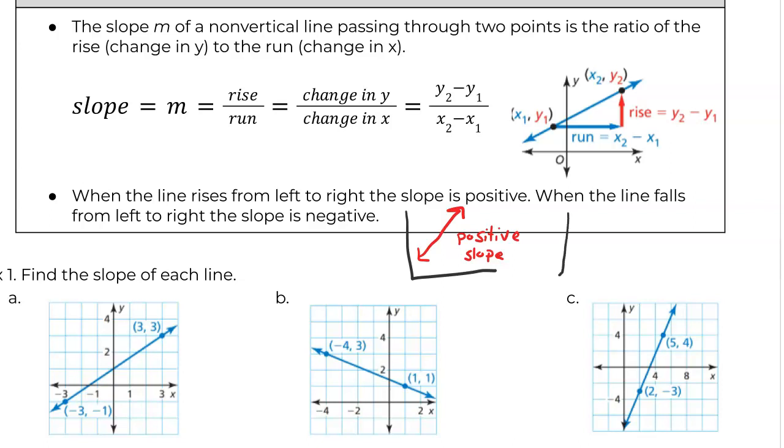And vice versa, if you have something that's going downhill, or decreasing, this is what we'd be calling a negative slope. We're going to keep that in mind as we're figuring out the actual value of these three below.